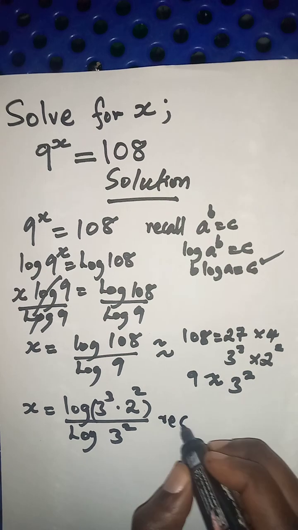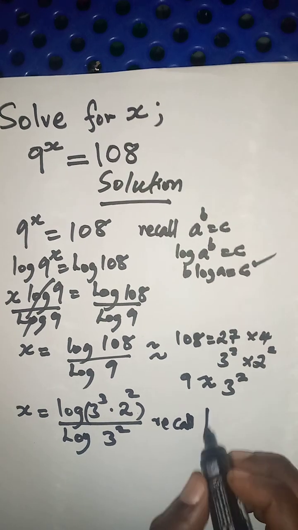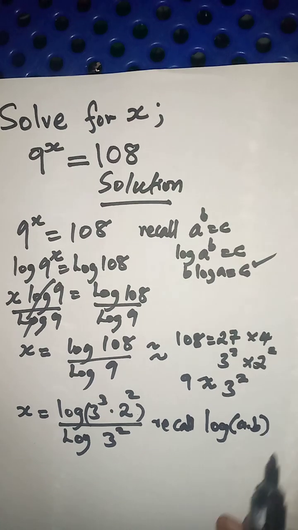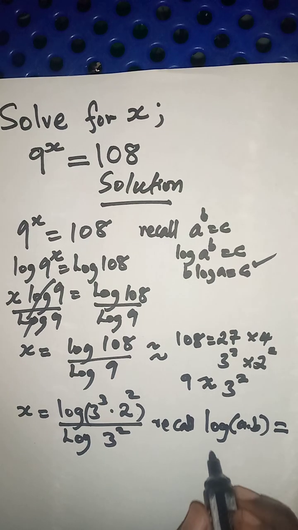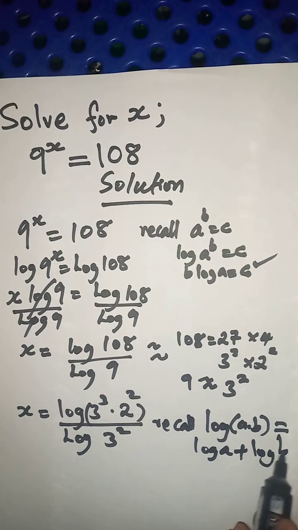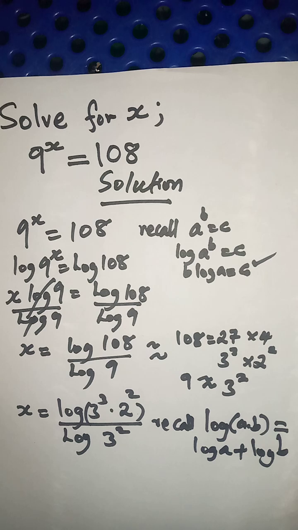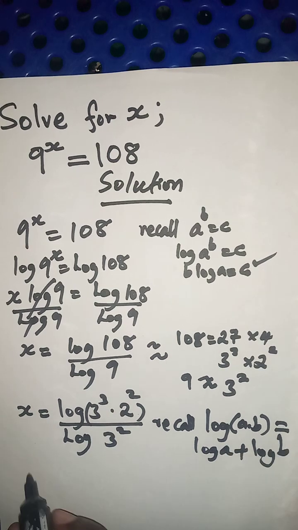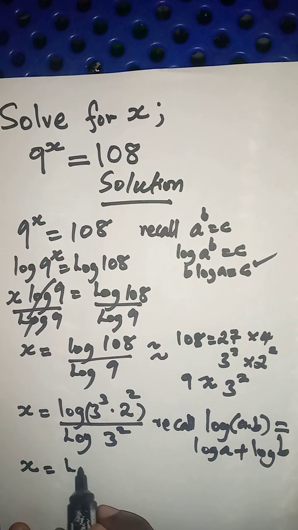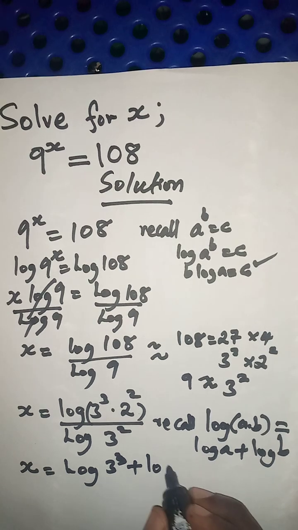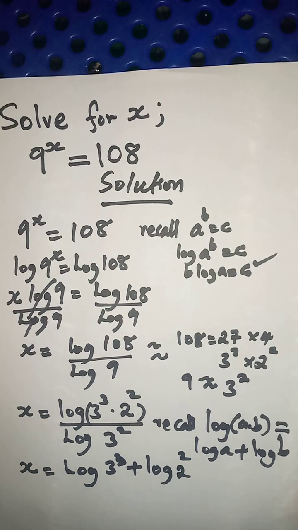And you're going to recall again that wherever you are taking the log of two products, a and b, this can be simplified as the log of a plus the log of b. So meaning at this particular point, I'm going to separate this as x is equal to the log of 3 cubed plus the log of 2 squared.